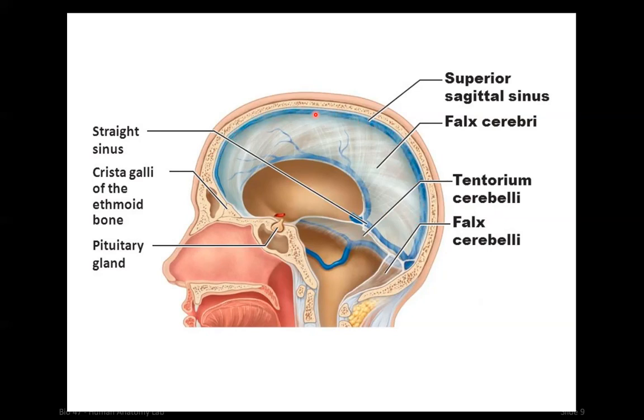So the ventricles and the subarachnoid space contain cerebrospinal fluid. And once that cerebrospinal fluid gets used, that is, the oxygen gets taken up, the nutrients get taken up, then it drains back into the dural sinuses and back into the blood. So the one that you need to know is the superior sagittal sinus.